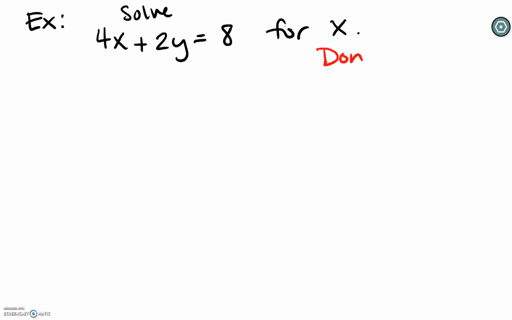But 4x plus 2y is equal to 8. Let's solve this for x. Now remember this one, the problem here, the mistake that's going to happen a lot, is that students are going to do what you guys suggested on the JITT and set something equal to 0.